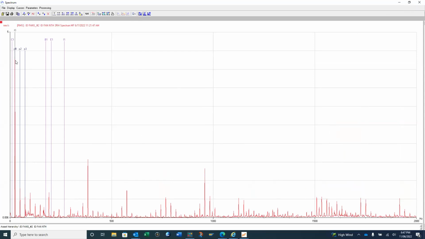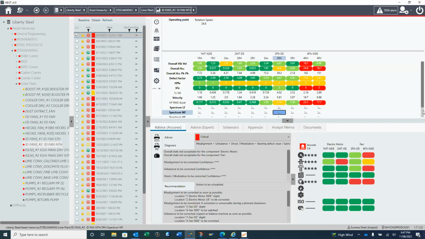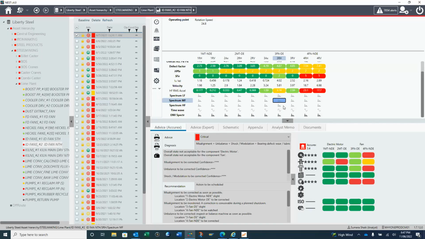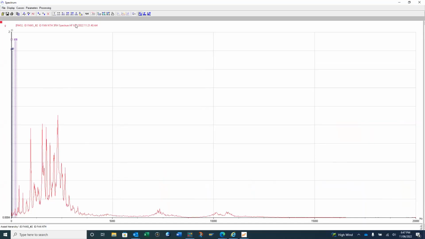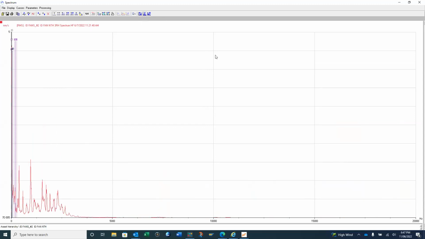So you scale to 0 to 10. So you mean there is nothing wrong? There's nothing there. Still good. If you scale, you can see those spikes because your scaling is very low. So you scale that to 10, then it goes down.